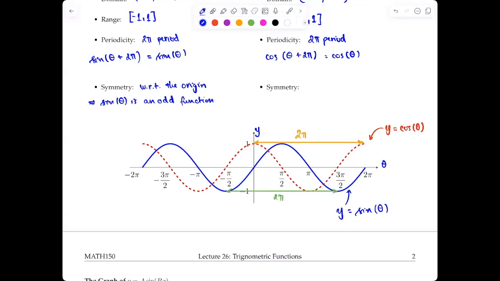Algebraically, to identify an odd function, you write: sine of negative theta is equal to negative sine of theta. The symmetry for cosine is with respect to the y-axis, so this implies that cosine of theta is an even function.